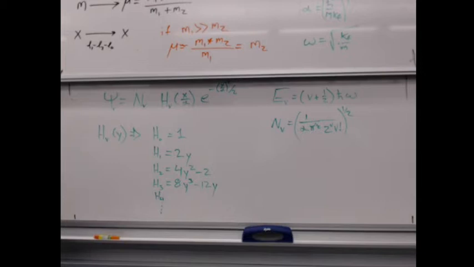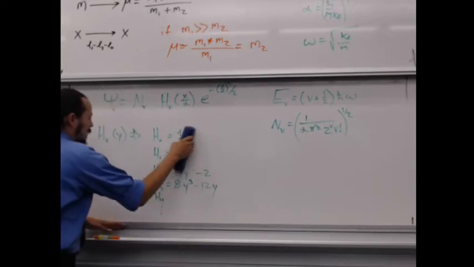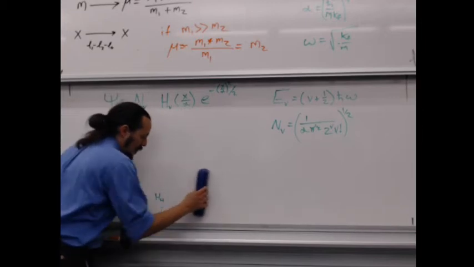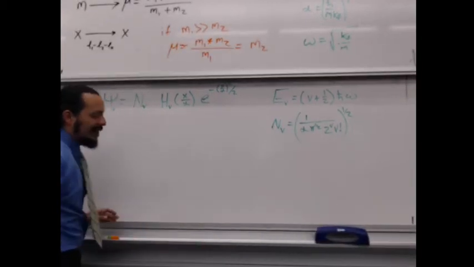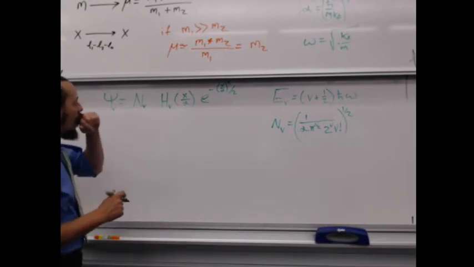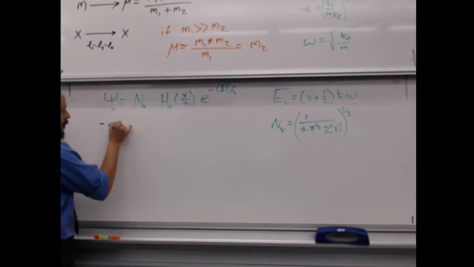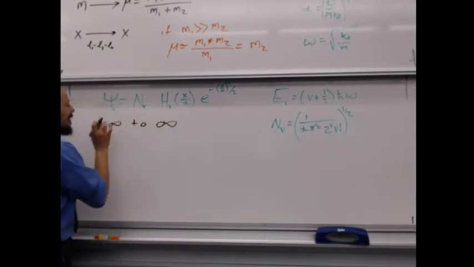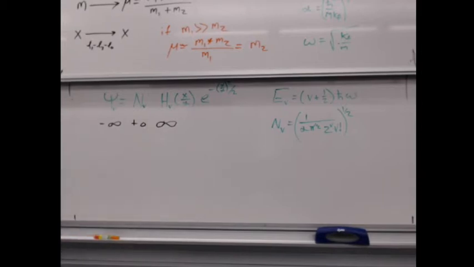Now, there's of course a problem with that. What are the boundaries of this problem? What's the limit to our lengths of spring? Now, this is funny because when we look at this, we write it down as negative infinity to infinity.